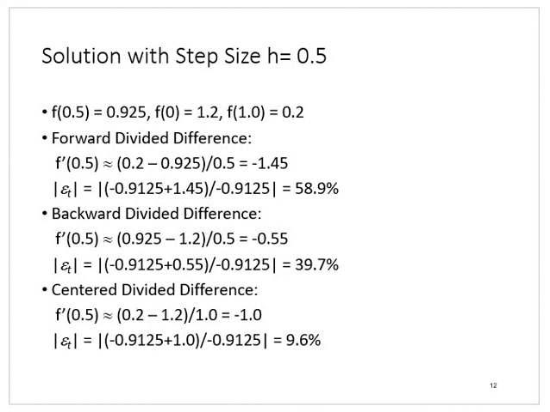So the forward difference method will be: f of 0.5, which is given by 0.925, and then you will need the next step going forward, which will be f of 1, which is 0.25, and then the center one, f of x, which is 0.